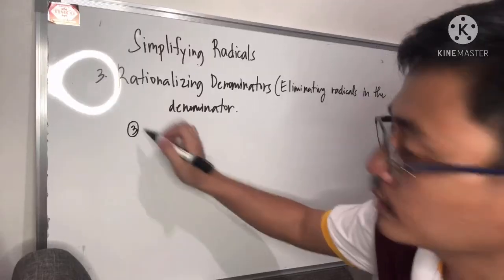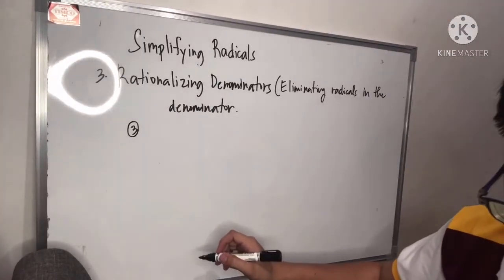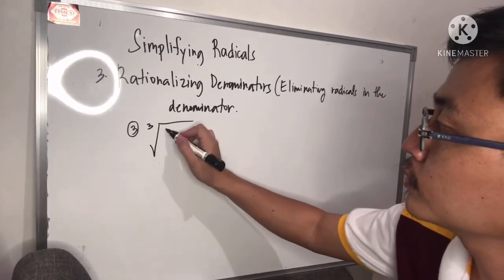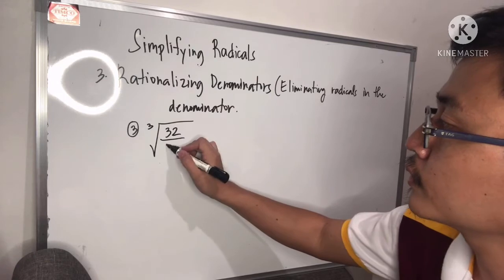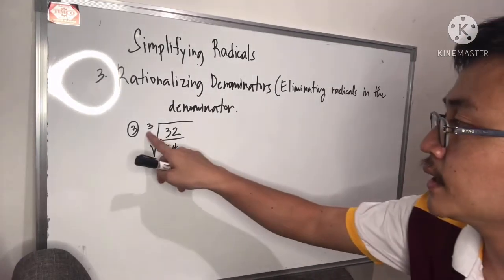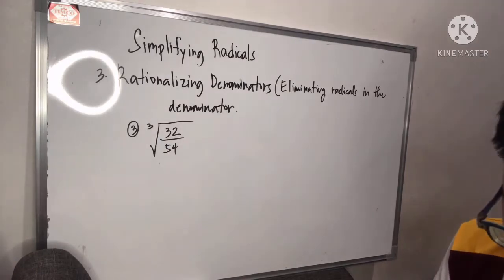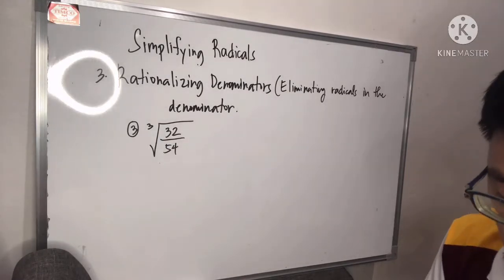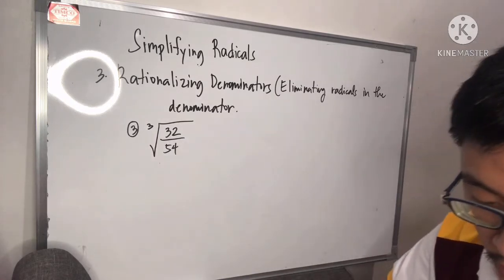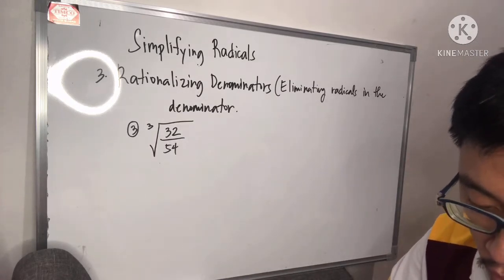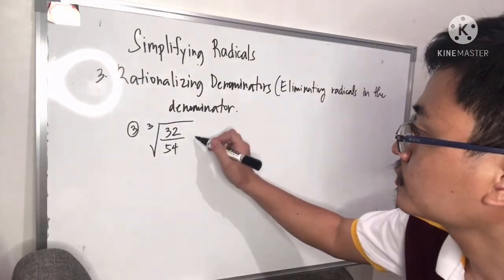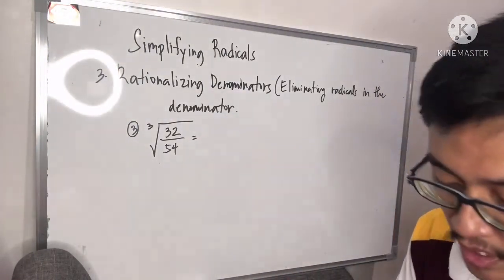Okay? We have the cube root of 32 over 54. Okay. So, ang index natin is 3. Okay. So, mag-isip tayo ng factors ng 32 at 54 na mayroong perfect cube. Simplify natin siya.